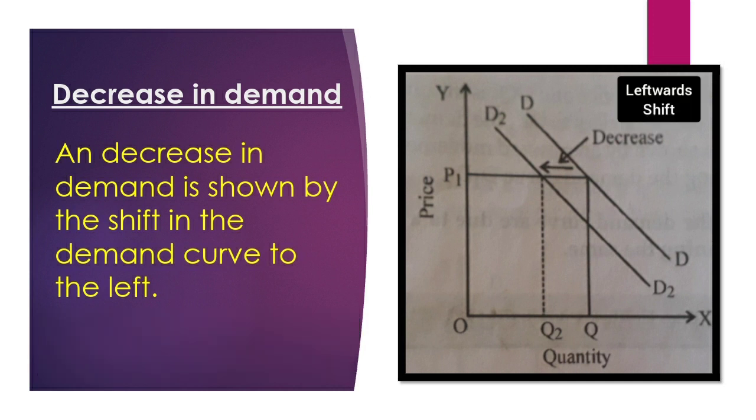Therefore, the initial demand curve shifted from DD to D2D2, which shows us that because of other factors, maybe the consumer's income might have decreased or any other factor that affects the demand has made a change, and because of that there is a decrease in demand at the same price.